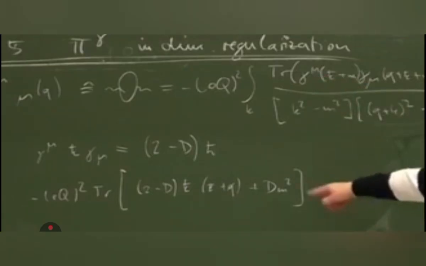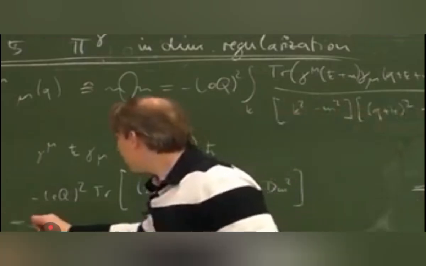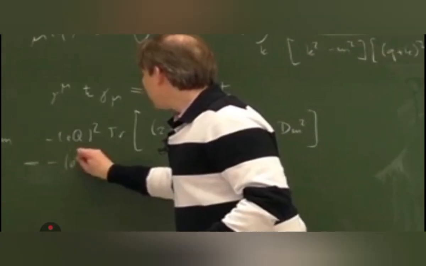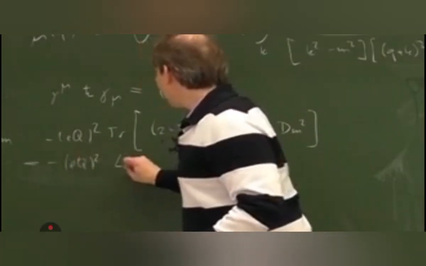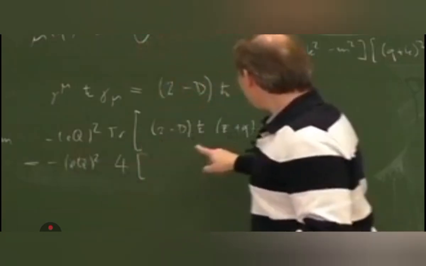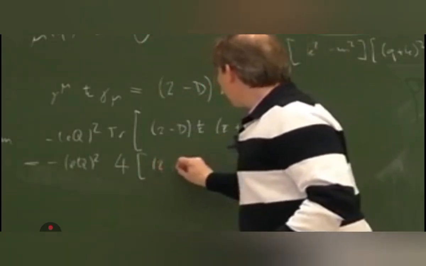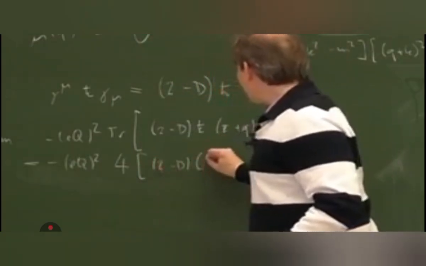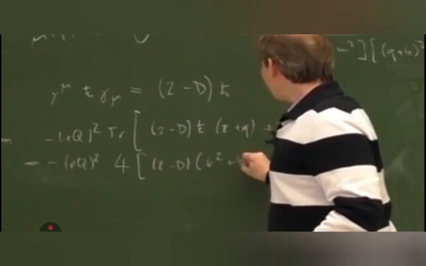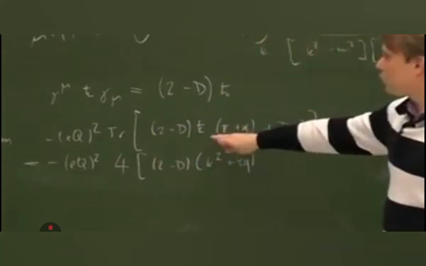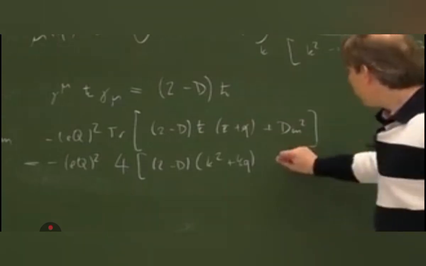And this trace is trivial, so you get minus d q square times 4 times the following, namely (2 minus d) times the scalar product k square plus k dot q, because the trace of 2 gamma matrices just gives the metric tensor, and plus d times m square.